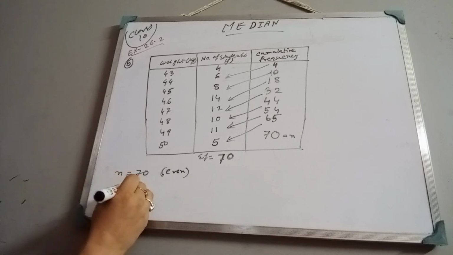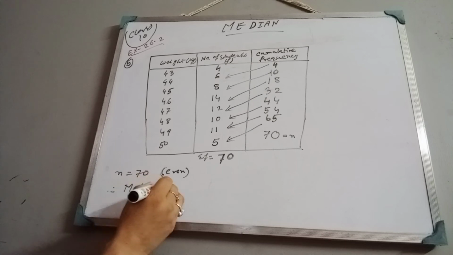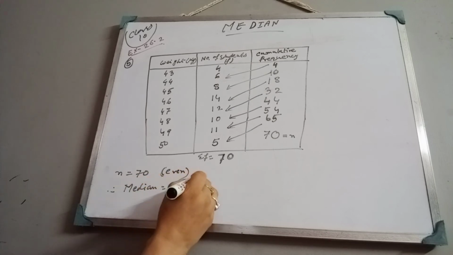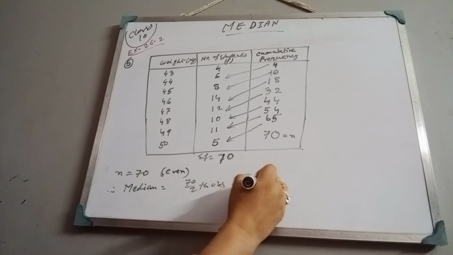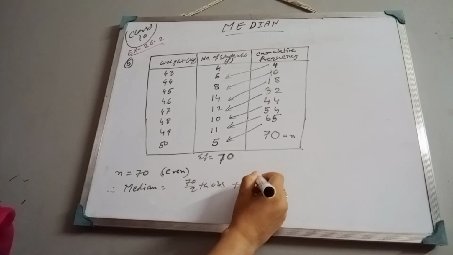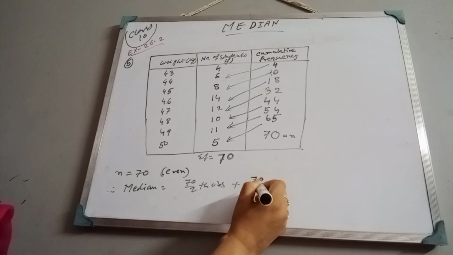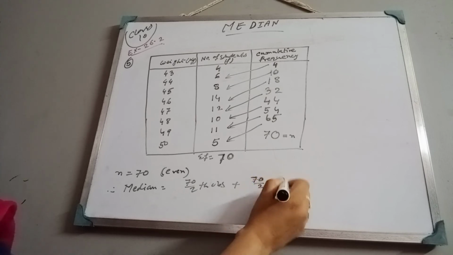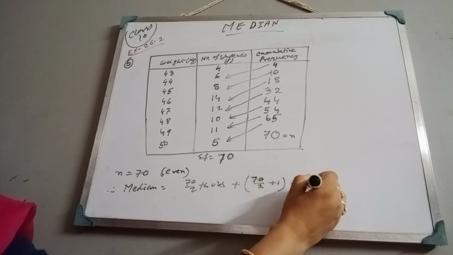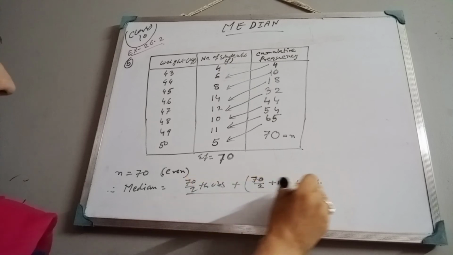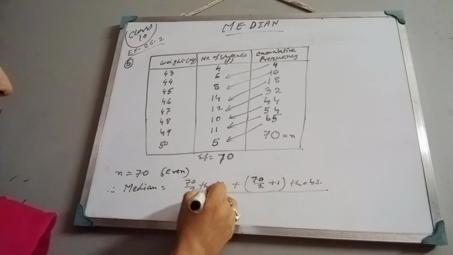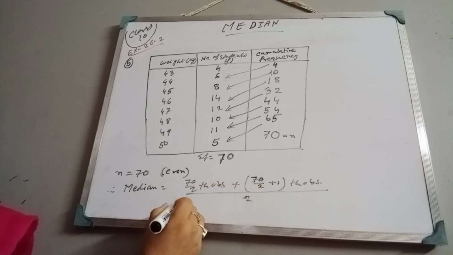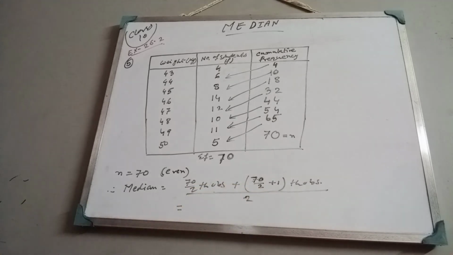Median will be the (70 by 2)th observation plus the (70 by 2 plus 1)th observation, whole divided by 2. So 70 by 2 is 35.